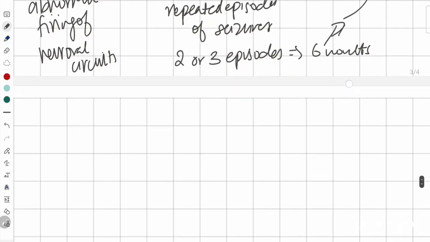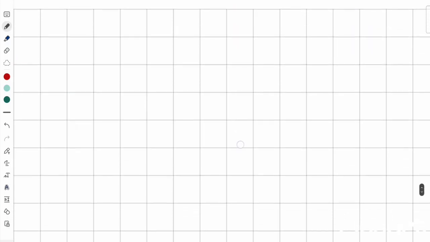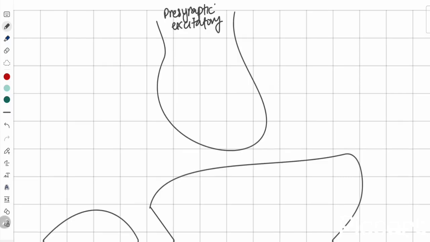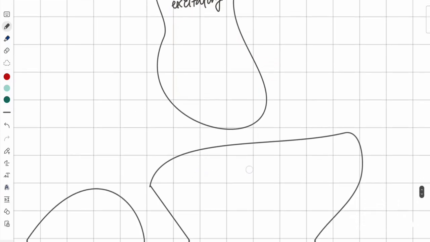Now, before we really jump into the pharmacology, to really understand the mechanism, we need to draw out our pretty little synapse and the neuron architecture. Okay, so I'm going to show you a very simple synapse.